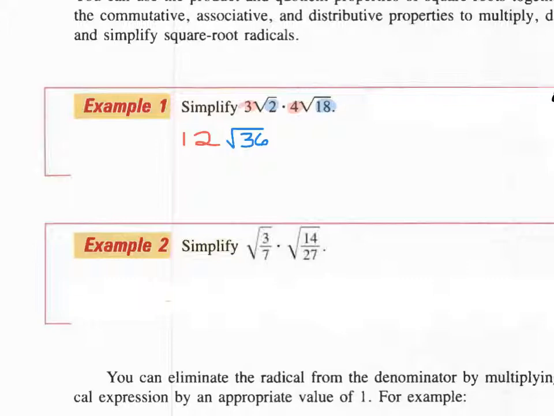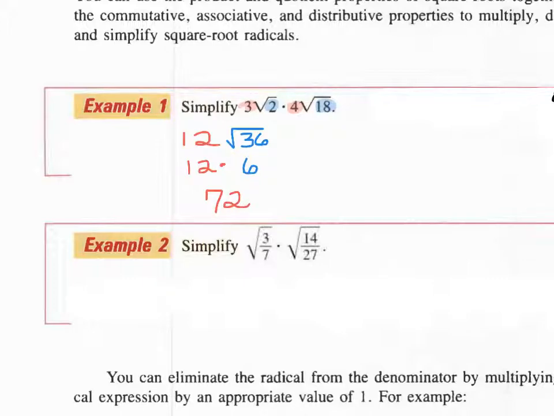And now I would need to simplify that radical. Now 36 is actually a perfect square. So I would square root the 36, and out of that comes a 6. Bring down the 12. Now notice these are side by side, so this means to multiply. And then I'll multiply 12 times 6, and I get 72.